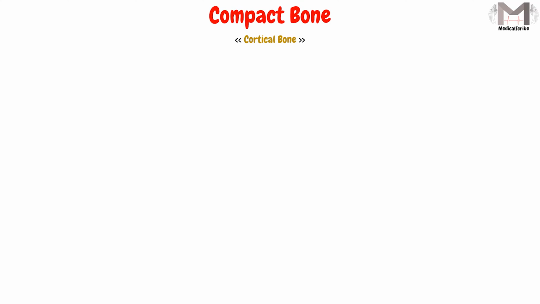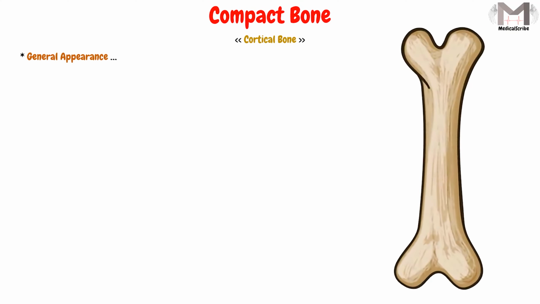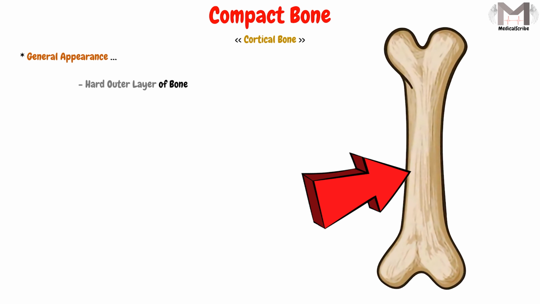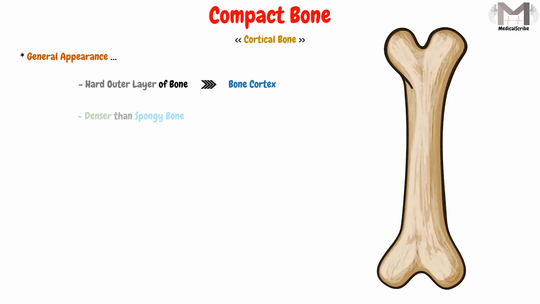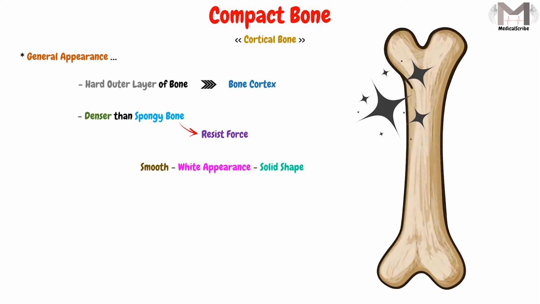The compact bone, when seen from outside, is the hard outer layer of the bone, which is considered the bone cortex. This type is denser than the spongy bone, and therefore it is able to resist the force exerted on it. This type also gives the bone its smooth, white appearance and solid shape.